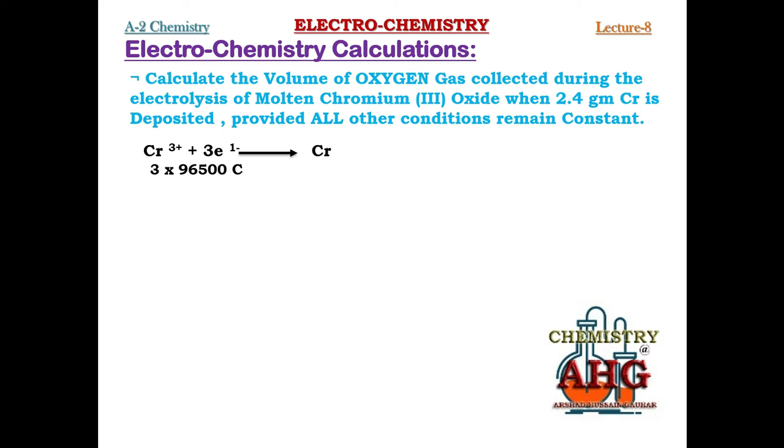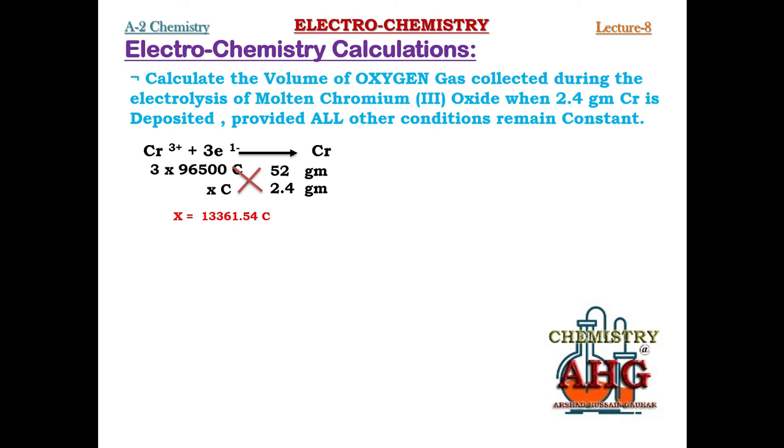The mass of 1 mole of chromium is 52 grams. And how many grams of chromium are deposited in this experiment? That is given, 2.4 gram. So how much charge would it need? We can find the amount of charge, it is 13,361.54 coulombs.